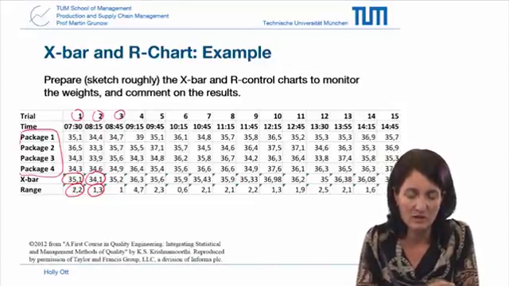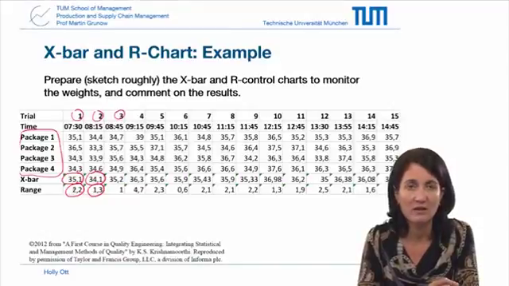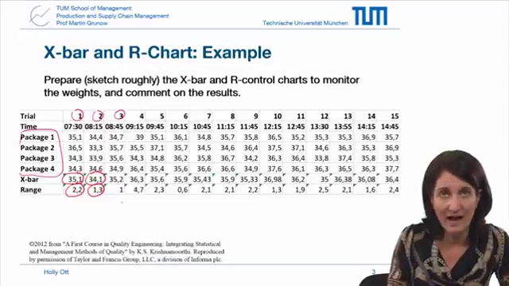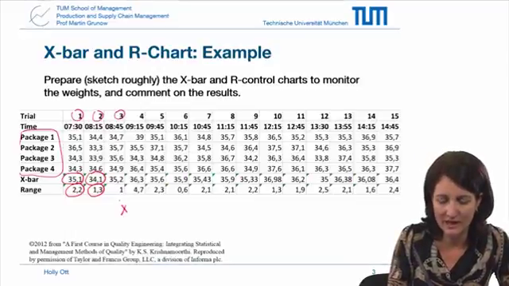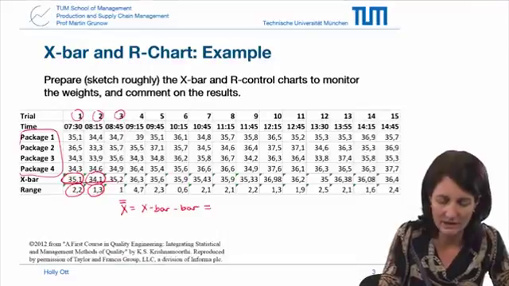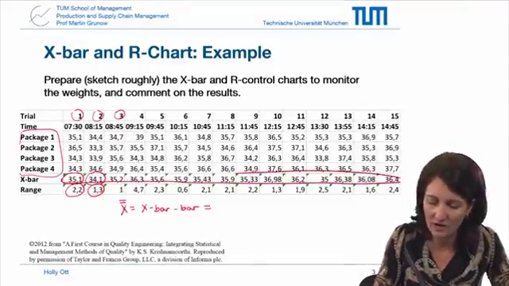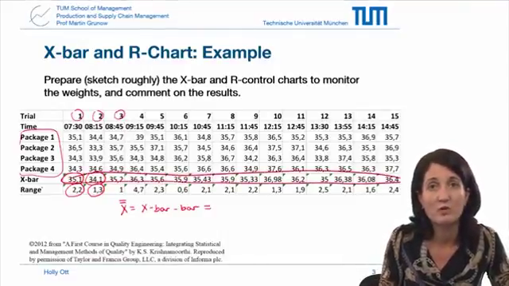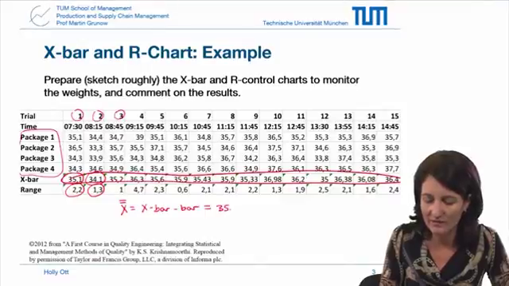As we showed in the last lecture, we can already calculate our average of the averages, known as X-bar bar. If we calculate the average of all of these sample averages, we get 35.72 ounces.